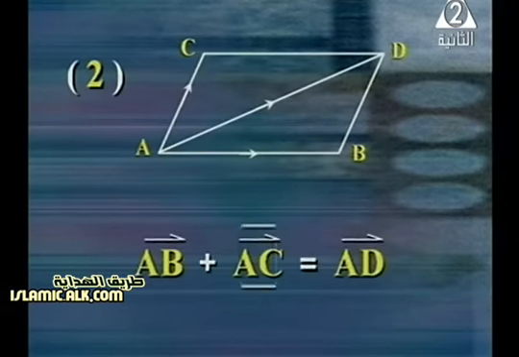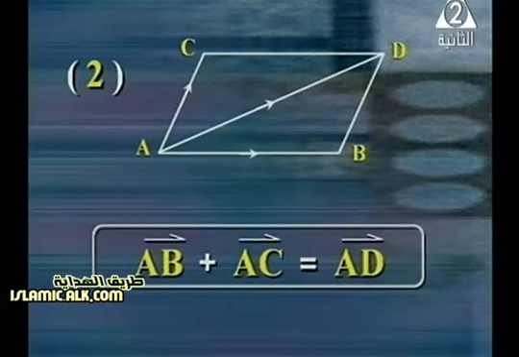Look, dear student, when we add AB vector plus AC vector equals AD vector. In a parallelogram ABCD, we have AB vector plus AC vector equals twice half AD vector, all equals AD vector.